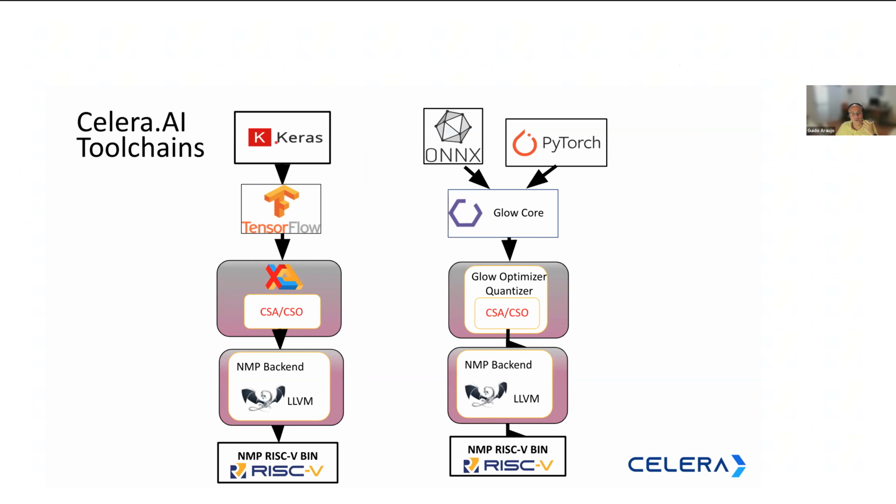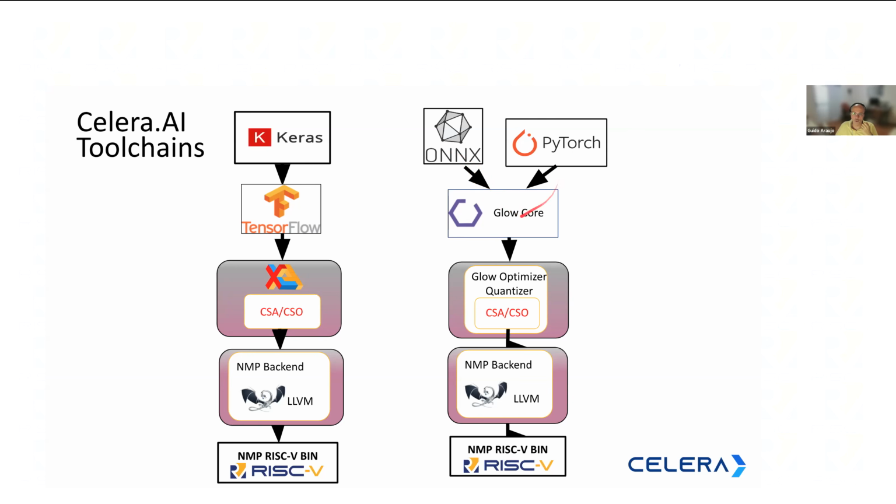But we experiment with this using the CSO technique inside the XLA compiler, using a Keras TensorFlow and NMP LLVM based front end that runs on RISC-V, those 32 multi-core RISC-V architecture, the NMP. We also did that with the Glow flow from Meta. We take ONNX, move it to Glow.